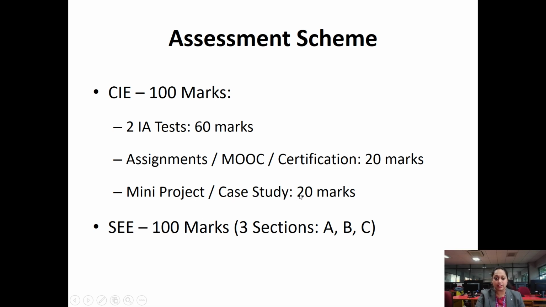Again, it is of 20 marks. So, total 100 marks. 60 marks is for your IA test, 20 marks for your assignments, and 20 marks for the mini project. And the remaining 100 marks is for your SEE, where you will have three sections.